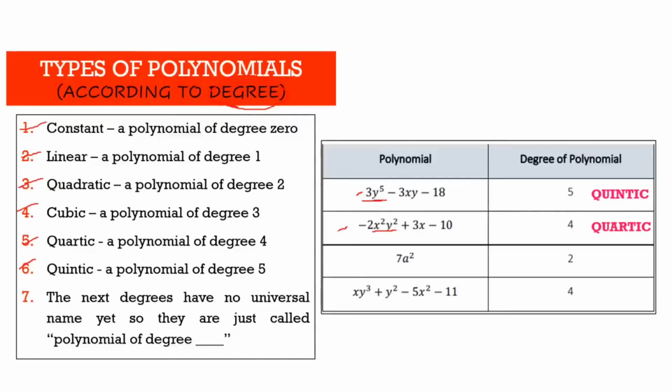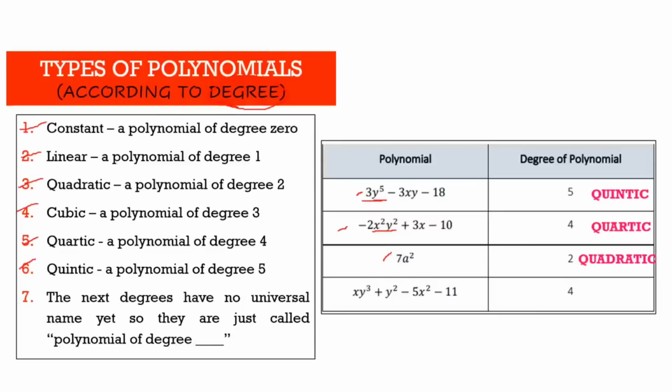The third example, 7a squared. The exponent of the literal coefficient is 2. So this example is a quadratic. And for the last one, xy cubed plus y squared minus 5x squared minus 11.